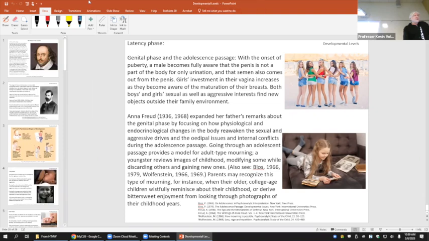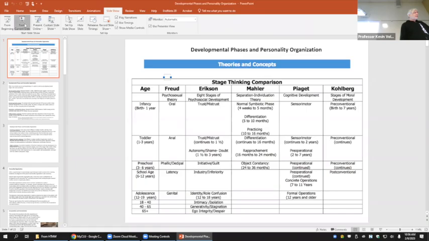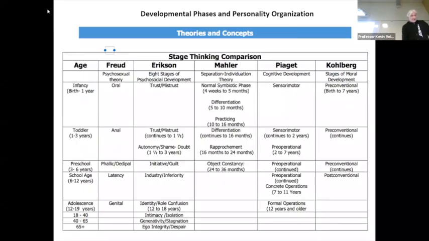I don't know if I'm going to talk about Erikson's levels because it's not quite as relevant to this class and we don't have a tremendous amount of time. So here's a little chart that shows the different stage thinking. You have your cognitive stages here, Piaget, moral development here, Kohlberg. Mahler, very important, especially Mahler.